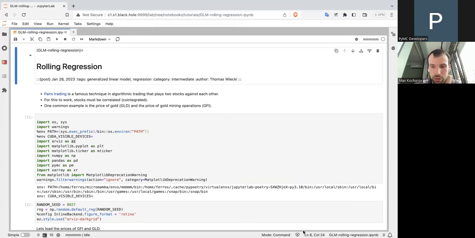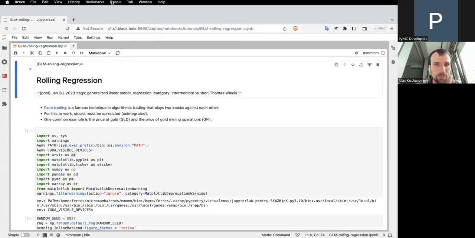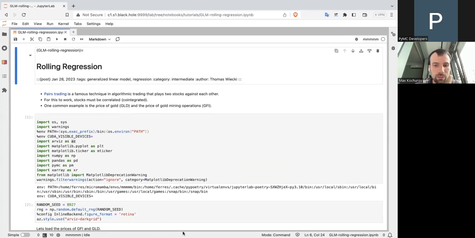Let me make sure that it's correct. I'm sorry. Good. So the rolling regression example.